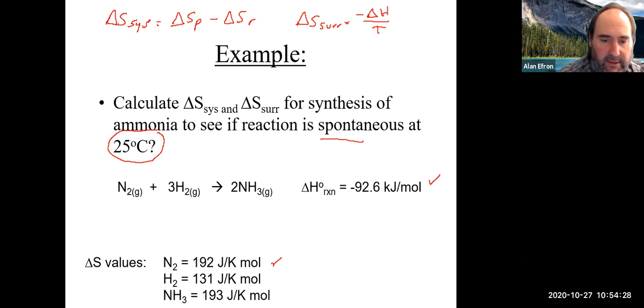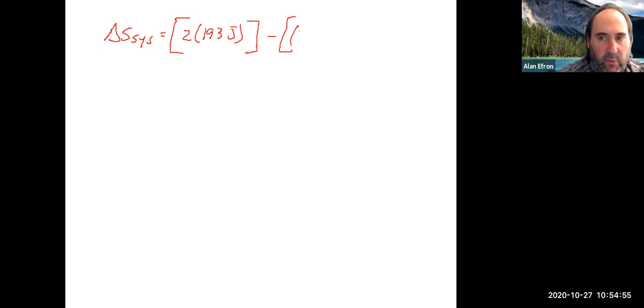So we're going to start with our system here. Our delta S of our system is going to be our products minus our reactants. On the product side, we have two NH3s, so that's going to be 2 times 193 joules. And that should be it for our product side. We're going to subtract that from our reactant side. On our reactant side, we have an N2, which is 192.